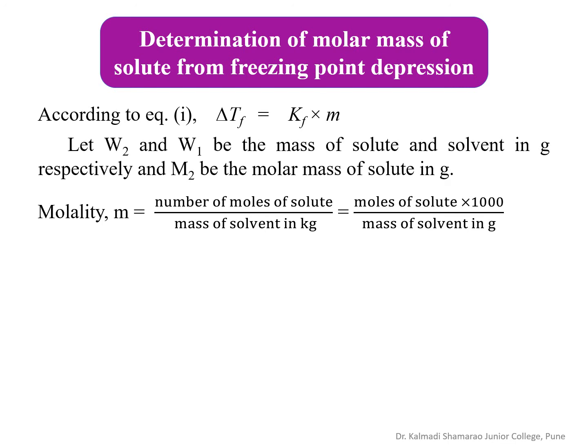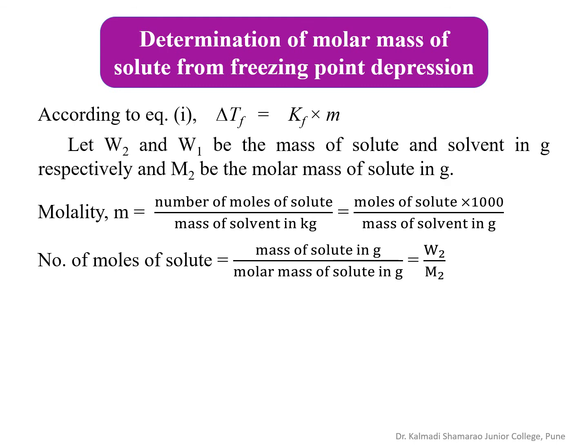Therefore, m is equal to moles of solute into 1000 divided by mass of solvent in gram. Number of moles of solute is given by the formula mass of solute in gram divided by molar mass of solute in gram per mole. Therefore, number of moles is equal to W2 upon M2.